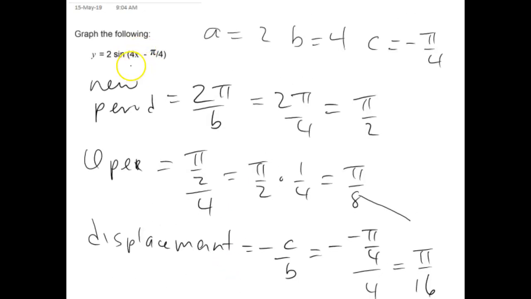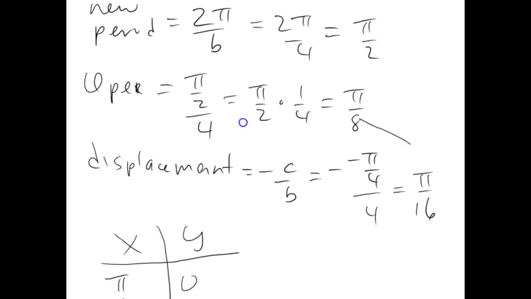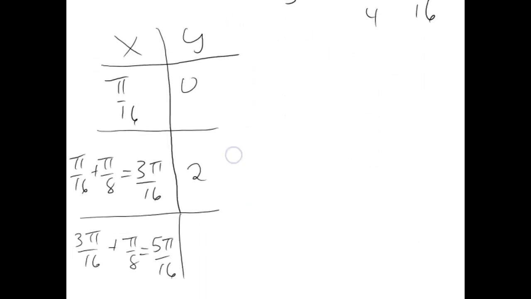So we're going to say 4 times 5 pi over 16, which is 20 pi over 16, minus pi over 4. That gives me an answer of just pi. So pi is 180 degrees. Sine of 180 degrees is 0, so this next point is going to be 0.